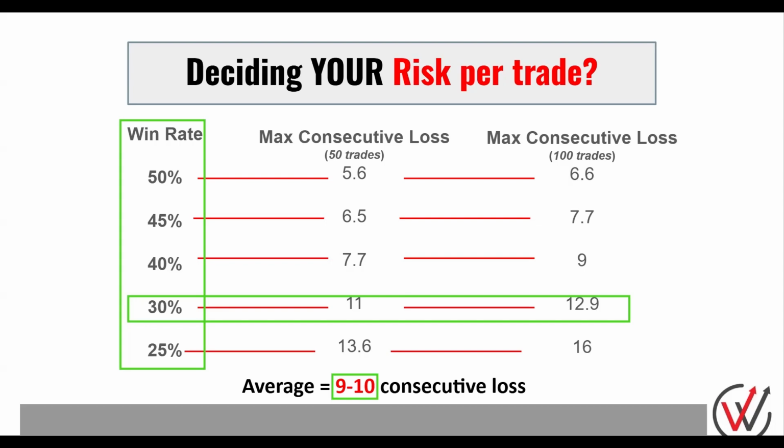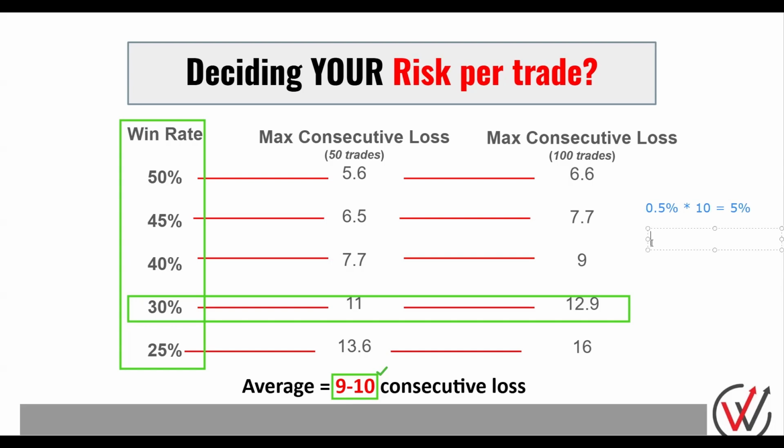So if I know there's a very high chance that I might lose the next 10 trades, what is the maximum amount of risk I can take? I know that I cannot change the risk per trade, so risk per trade remains constant. If I risk 0.5% per trade and multiply it by 10, that gives me a 5% drawdown.